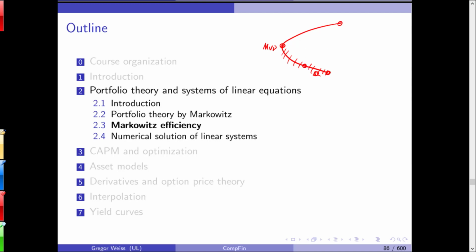If I take this portfolio here and compare it with this portfolio, both will have the same sigma, the same variance or volatility, but this portfolio here will have a higher return than this one. So we'll choose this and not this.